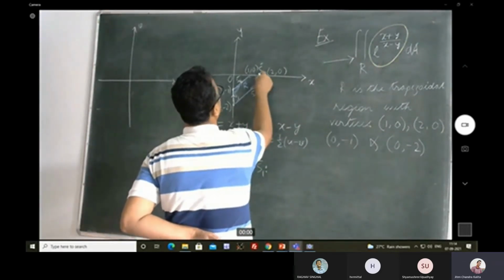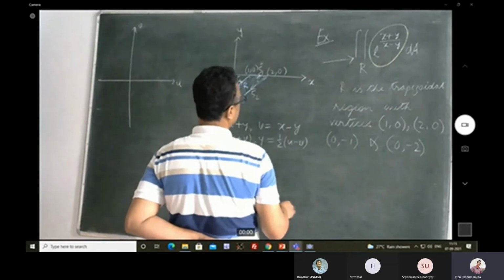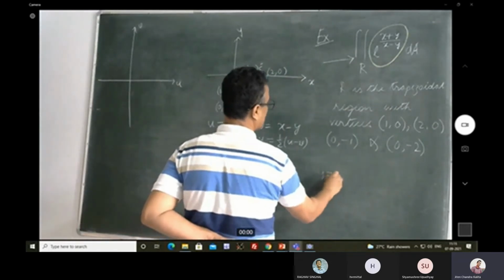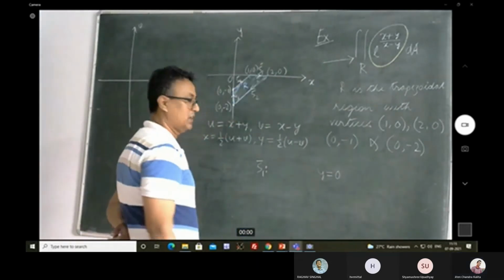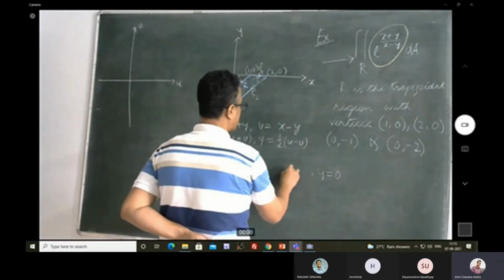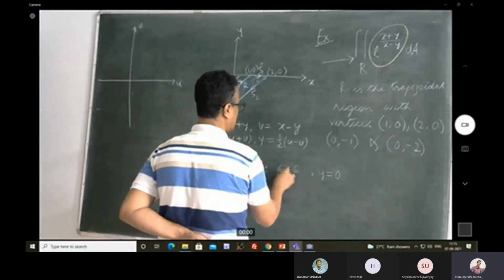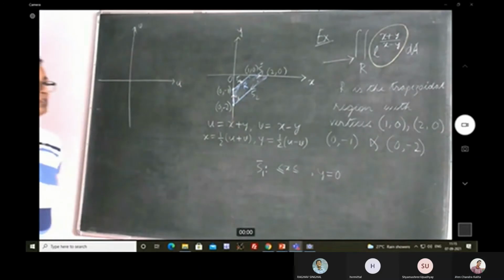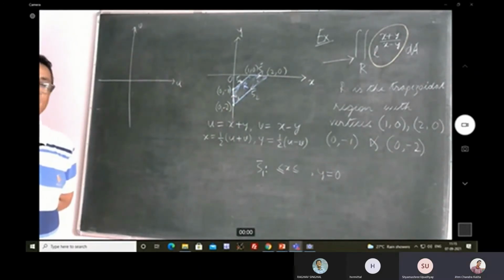S1 is this. Here you can see that y is equal to 0, and x goes from 1 to 2.